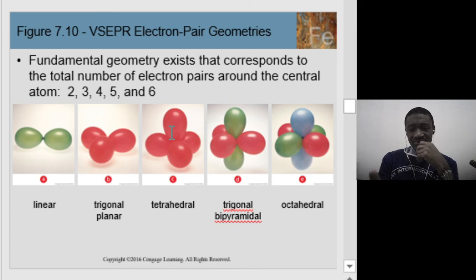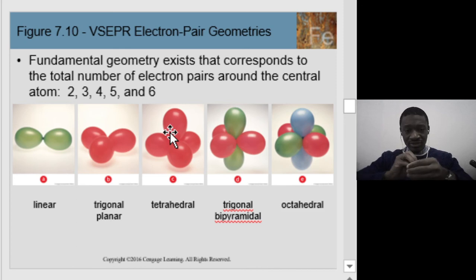Very good examples. Now you see the balloons. We talked about gases. The balloons are not just arranged; if you get two balloons, tie them head on, you have the linear. If you get three, tie them heads on, you get this trigonal planar. So it's like a triangle in a plane.